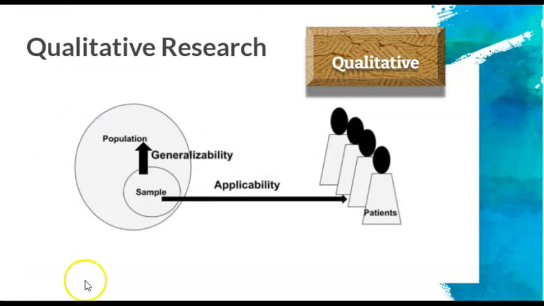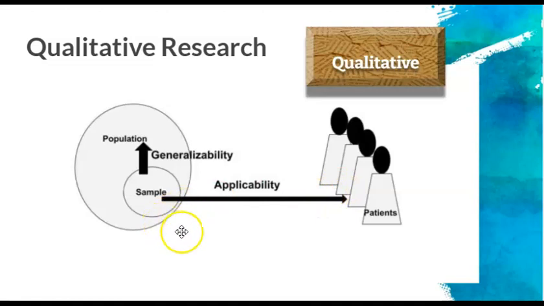In a qualitative study, rather than generalizing from the sample to the large population, we talk about applicability. So I can apply this to my patients. Maybe I observed and interviewed several patients that have a certain situation, and whatever they tell me can be applied to other patients who are in a similar situation.